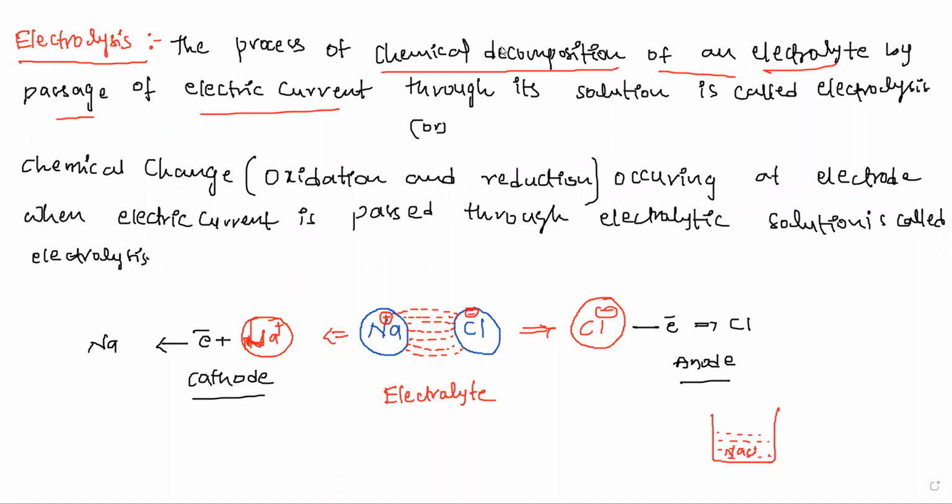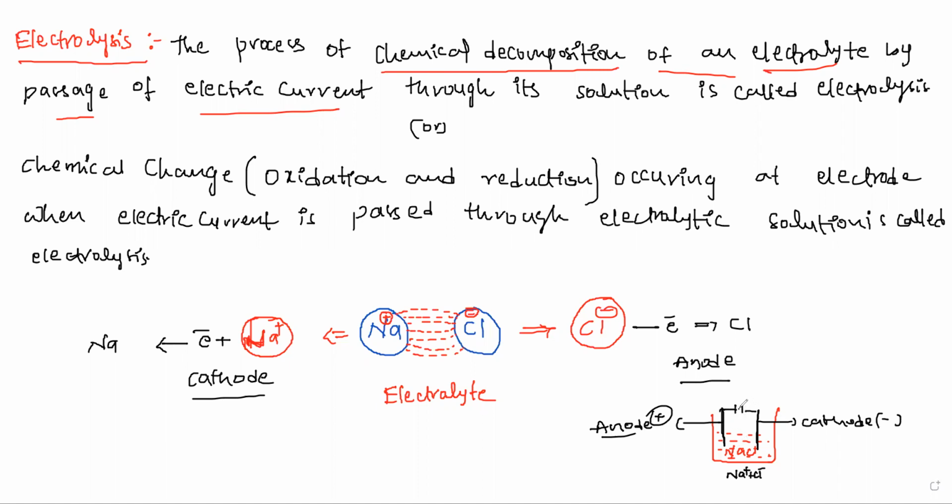If you take molten NaCl or liquid NaCl, those solutions can pass the electricity. This is a cathode, we are assuming cathode is negative, and this one is anode, positive. This NaCl can split as Na plus and Cl minus in the presence of electricity.